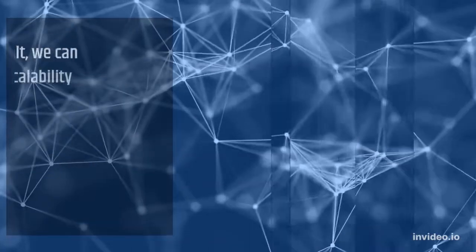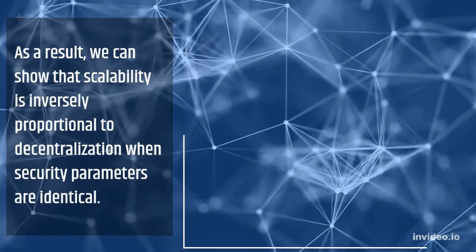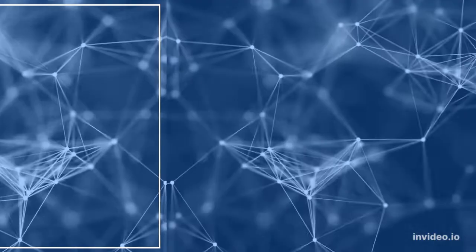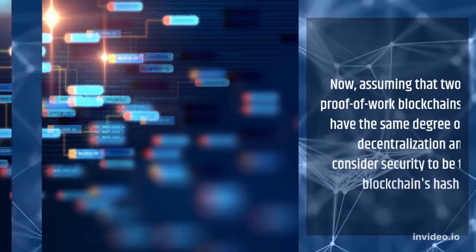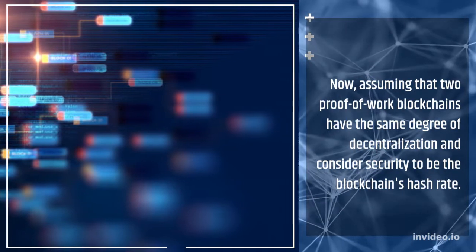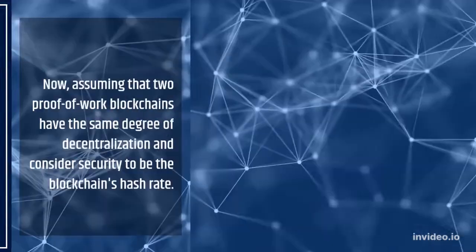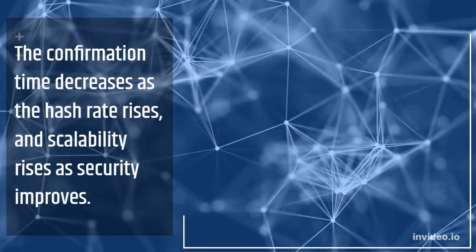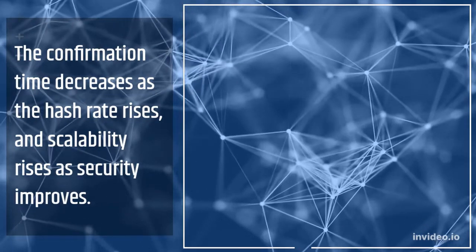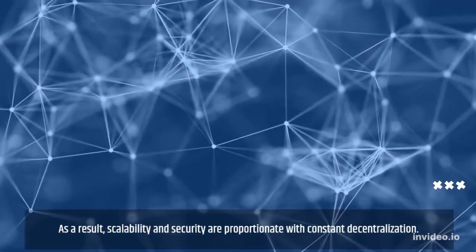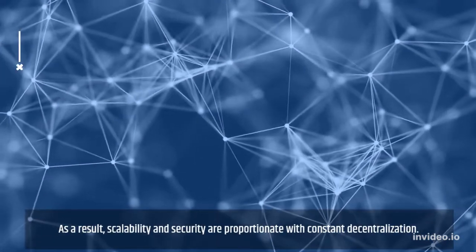As a result, we can show that scalability is inversely proportional to decentralization when security parameters are identical. Now, assuming that two proof-of-work blockchains have the same degree of decentralization and consider security to be the blockchain's hash rate. The confirmation time decreases as the hash rate rises, and scalability rises as security improves. As a result, scalability and security are proportionate with constant decentralization.